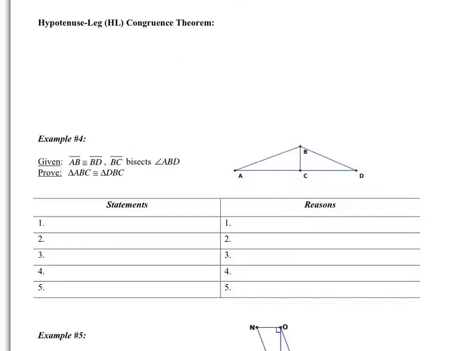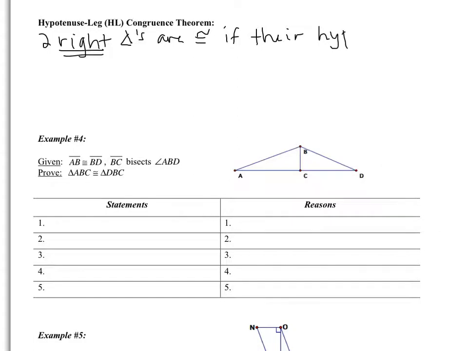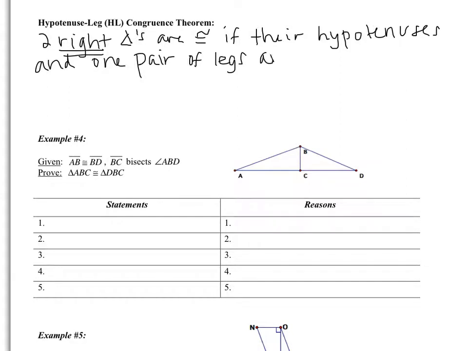This theorem says that two right triangles are congruent if their hypotenuses and one pair of legs are congruent.